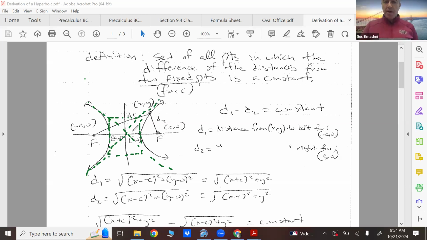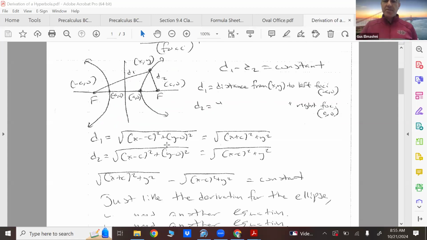The width of the box is 2a, and the height of the box is 2b. So it's kind of like an ellipse in a way, where that is a and that is b. We're going to reinforce all this in the notes. Don't worry, right now you guys are just watching. Just so you know, that's a and that's b.